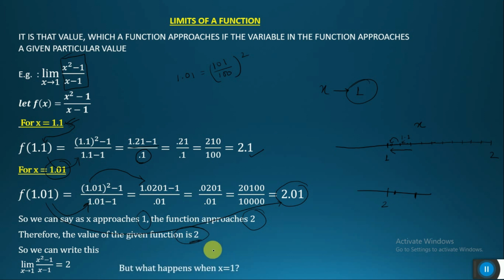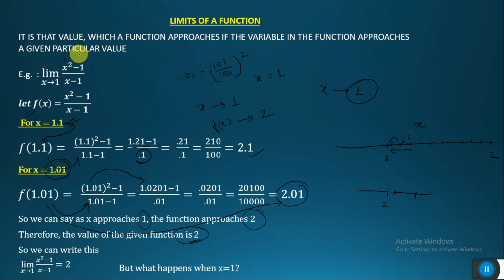Now the question is, what happens when x is equal to 1? Because I said that when x is approaching 1, our f(x) approaches 2. So what happens when x becomes 1? Try putting x equals 1 here.